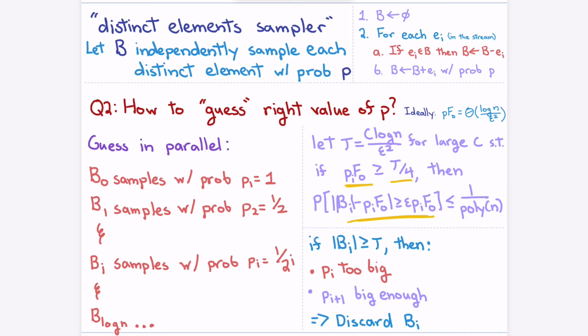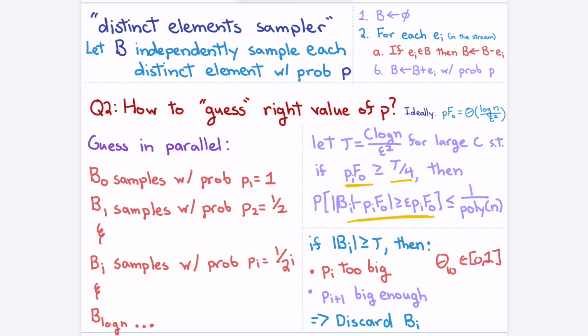Now, imagine I did one more thing. Imagine I also correlated the Bi's, so that if Bi takes something, then Bi minus 1 always took something. One way to do this is that when each element comes in, I draw a random value theta uniformly between 0 and 1.